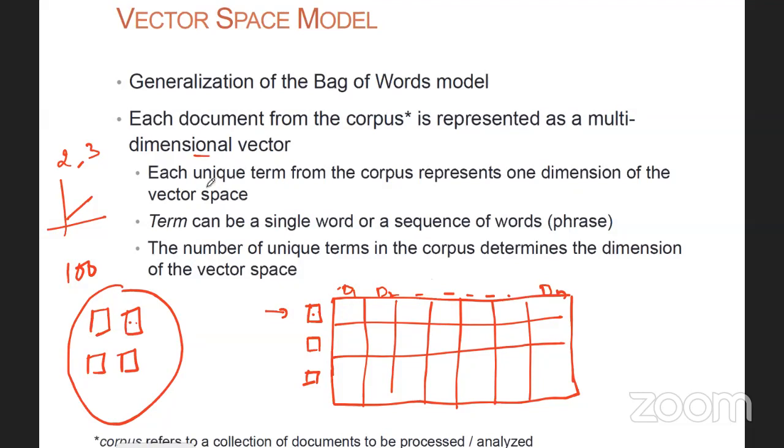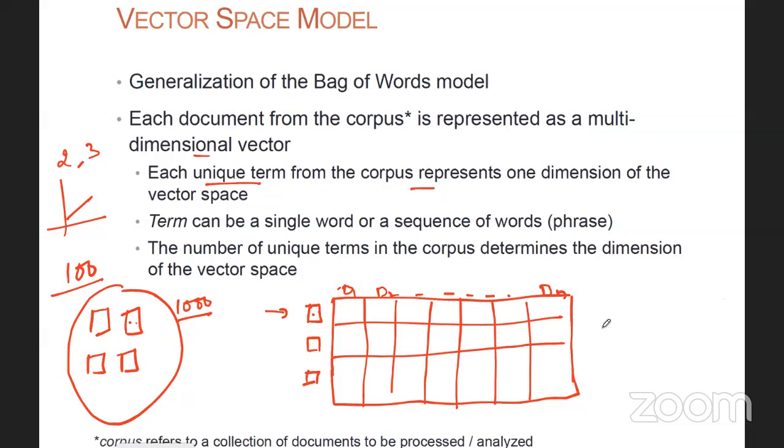Now, each unique term from the corpus represents one dimension of the vector space. How do we define the dimensions for this vector space? I'll collect all the unique terms from all the documents. Let's say out of 100 documents there are 1000 unique terms. Then I'll have 1000 dimensions.